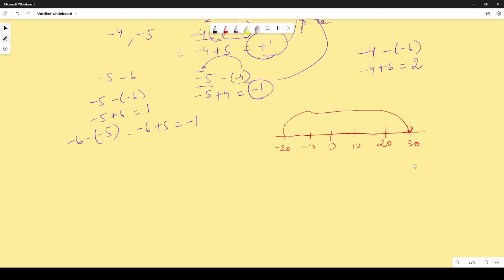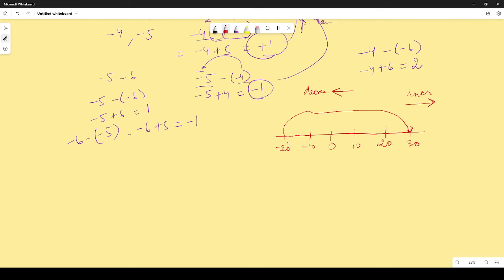Alright, so minus 20 to 30, it has changed, right? It is asking you what is the increase or decrease in the number. Now you remember, if we are moving to the right side, the number is increasing. If we are moving to the left side, then the number is decreasing, right? So now what is happening is minus 20 to plus 30, the number has changed.